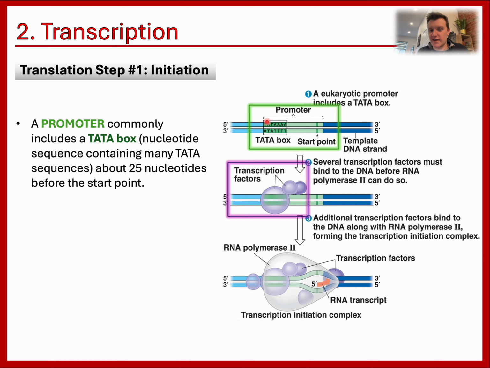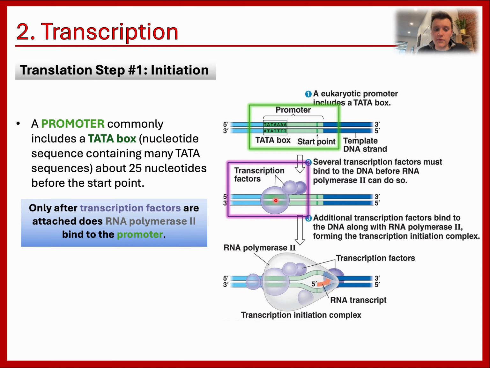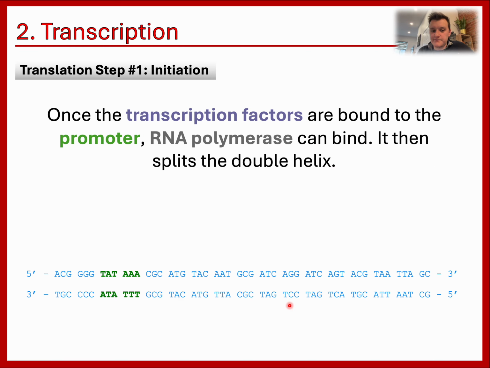Almost all genes have this TATA box, so the transcription factors will go and bind there. Only after transcription factors are attached to this TATA box does the RNA polymerase II bind to that promoter region. So you really need these transcription factors to help the RNA polymerase bind to that region.